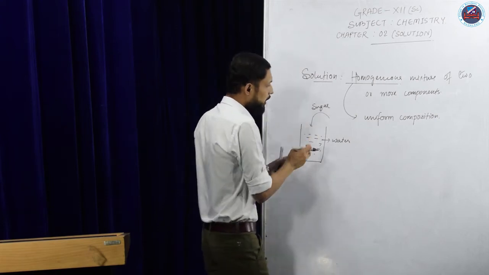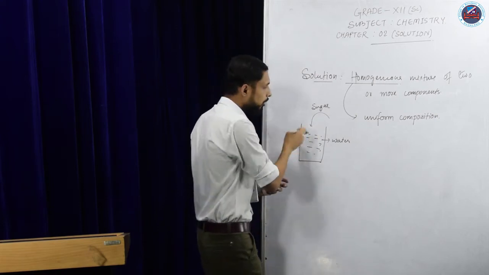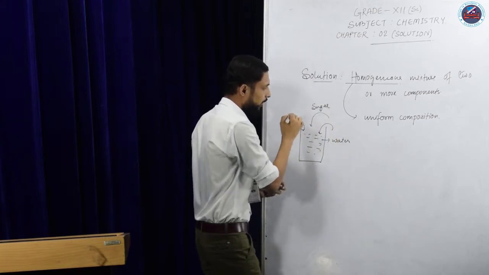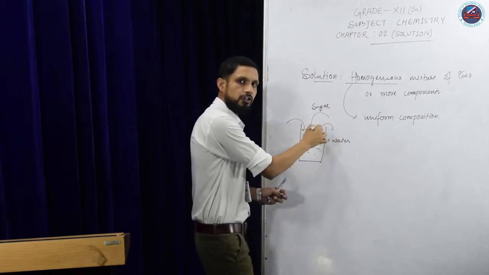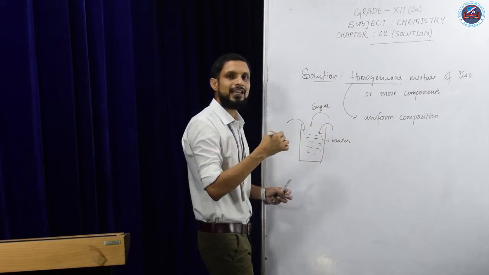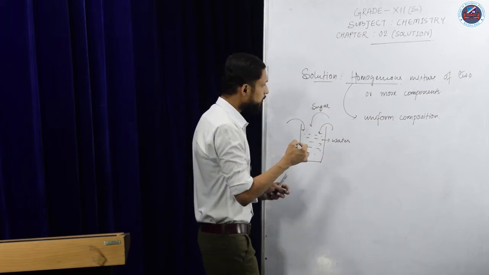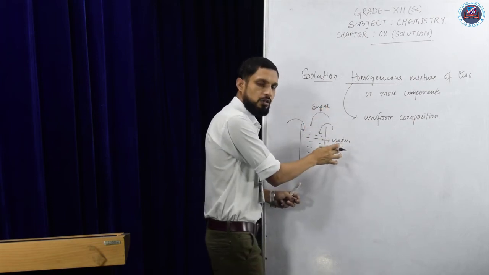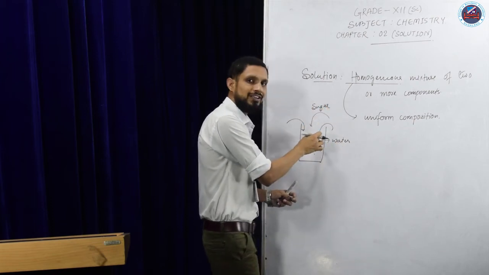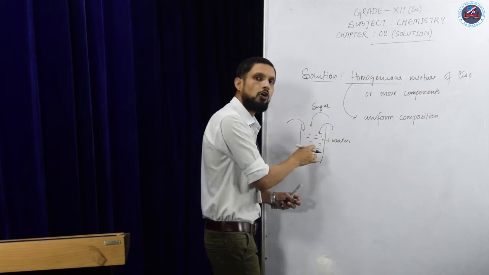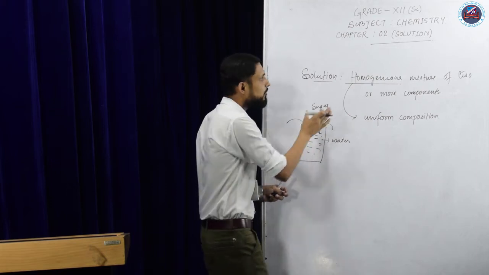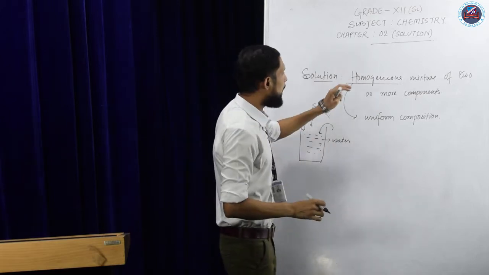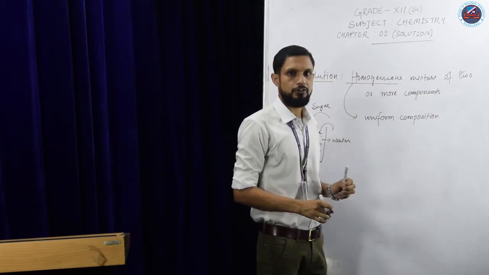Now here, if you taste this solution, whether you taste from this side or from this side or from any part of this solution, you'll get the same taste, which means the amount of sugar and water is same throughout. It's having a uniform composition. So this is homogeneous. So in solution, you should have a homogeneous mixture.